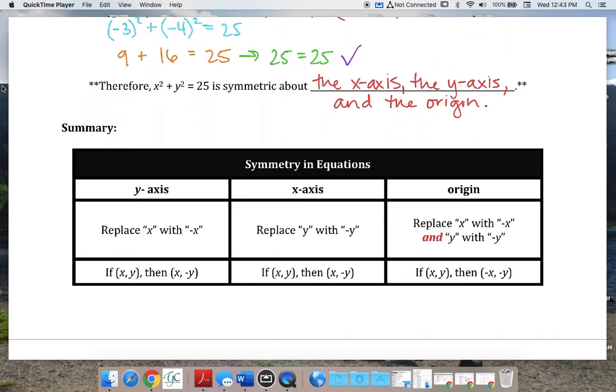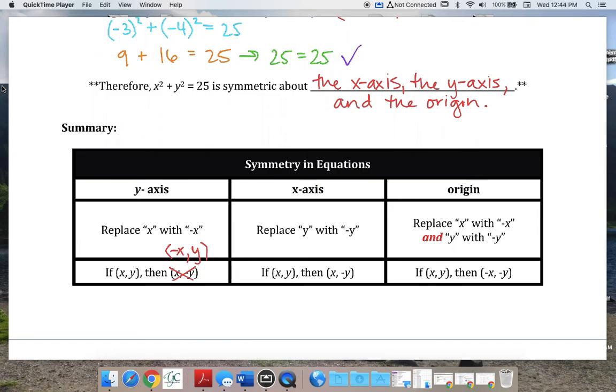If we check for the x-axis, we switch our y values. And actually, let me fix this. This is wrong. Here for y-axis, it says if (x, y), then (x, -y). This should be (-x, y). For x-axis, that's where we change our y value, just change a sign. And then for origin symmetry, we change the sign of both x and y.